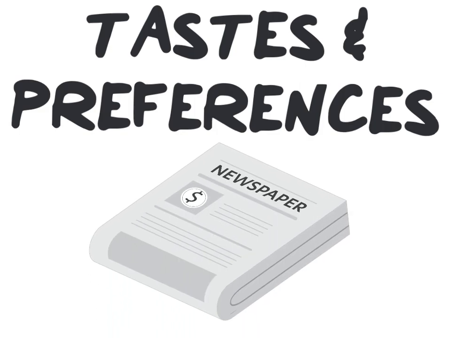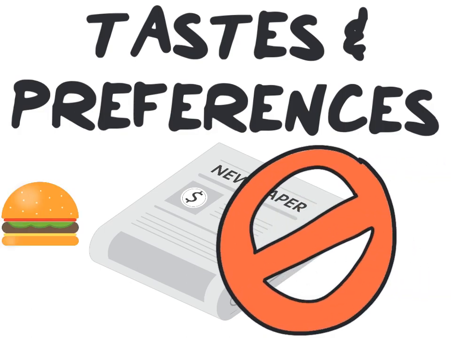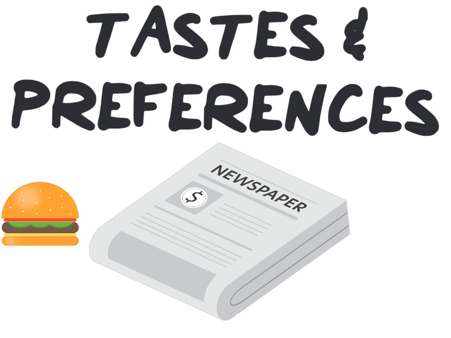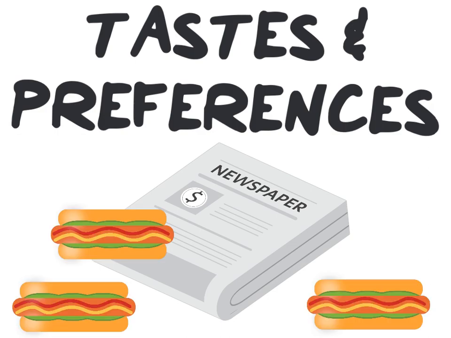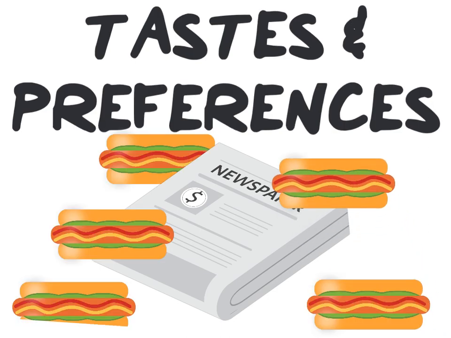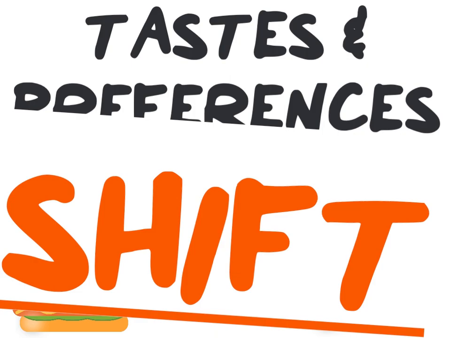In our second example, a news article states that the consumption of burgers decreases your health. The article, however, proposes that a burger should be substituted for a sandwich, as this is a healthier alternative. The article will therefore influence the tastes and preferences of consumers, which will lead to an increase in the demand for sandwiches and a decrease in the demand for burgers. And we illustrate this as a shift in our demand curve.